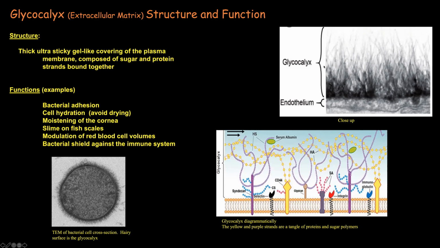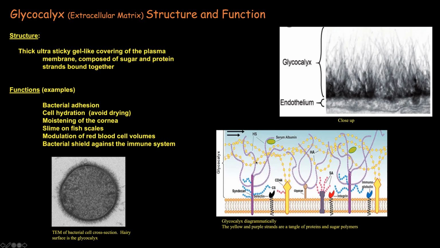At the bottom left, you see a cross-section of a bacterial cell, and you see its surface looks fuzzy. If you take a closer look at that fuzzy section, it looks like little hairs. And these are composed of polymers of sugars and amino acids.